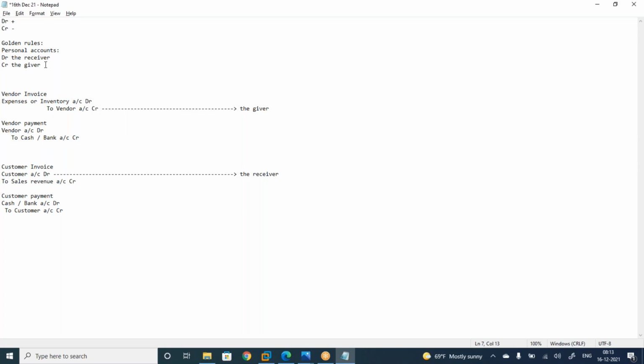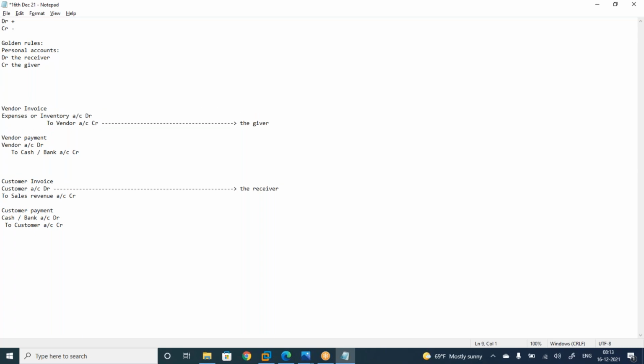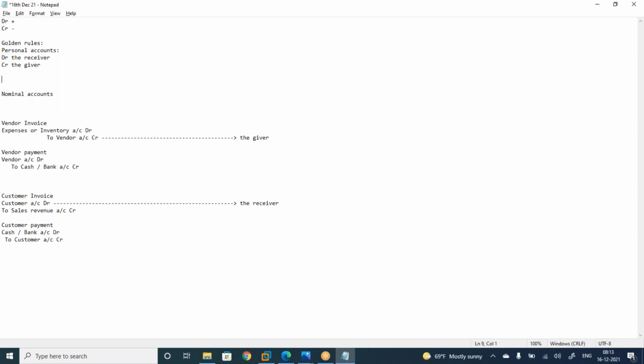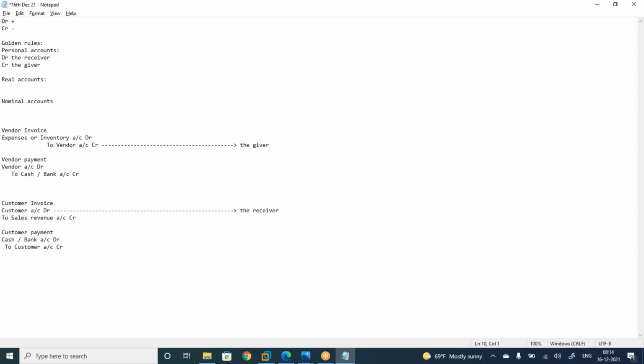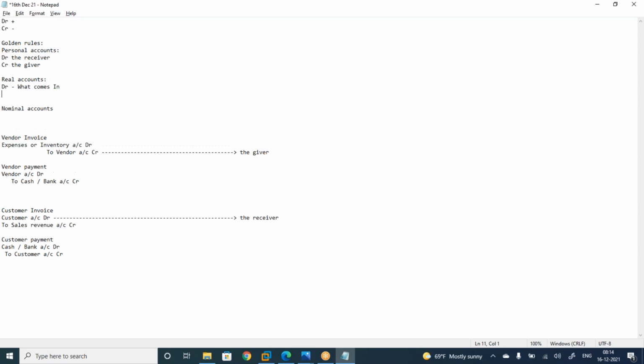Next, golden rule. One is nominal accounts, another one is real accounts. What is the real account? What comes in is debit. What goes out is credit.